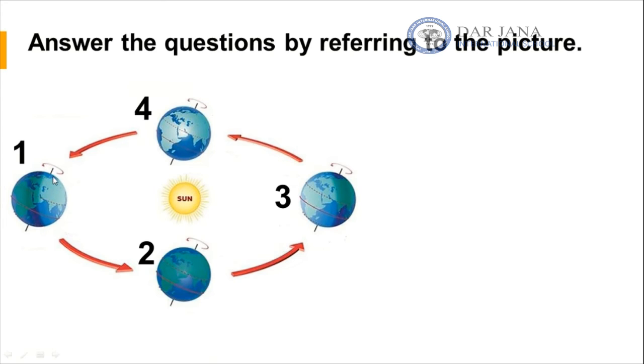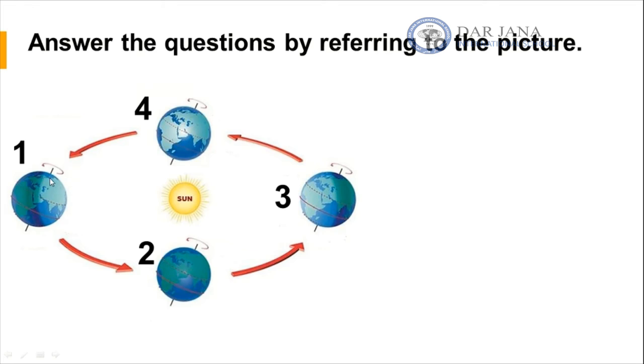Now, if we look at the upper hemisphere, we look at the North Pole and we can see that it is tilted toward the sun. The word tilted itself means that the axis is not straight up. It's a little bit tilted or slanted, we say.